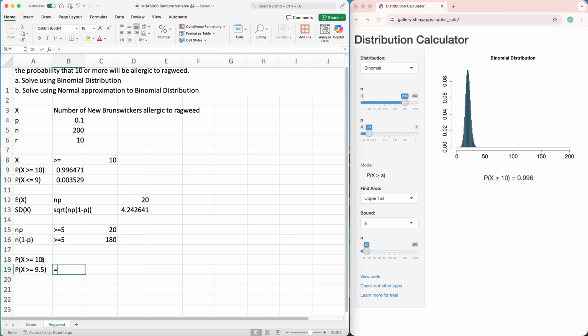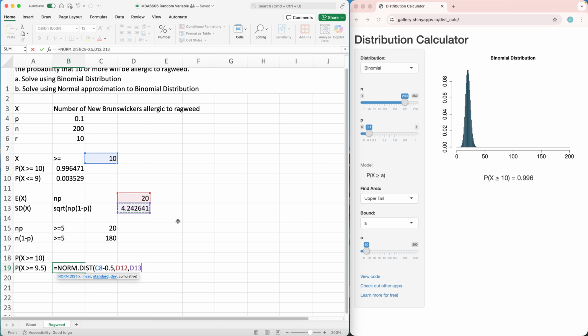So now I can apply norm.dist. I haven't indicated 9.5 anywhere specifically, so 9.5, comma, what is the mean? The mean is 20, the standard deviation is 4.242641, and we want to calculate the cumulative.